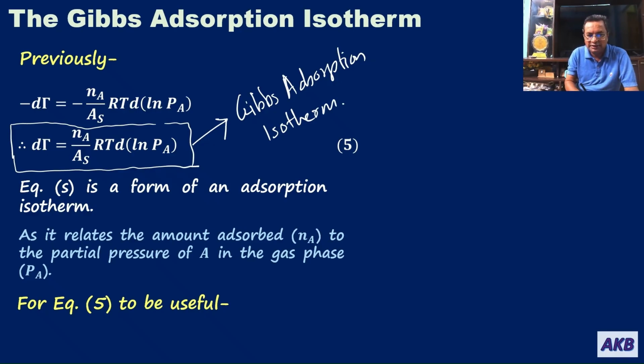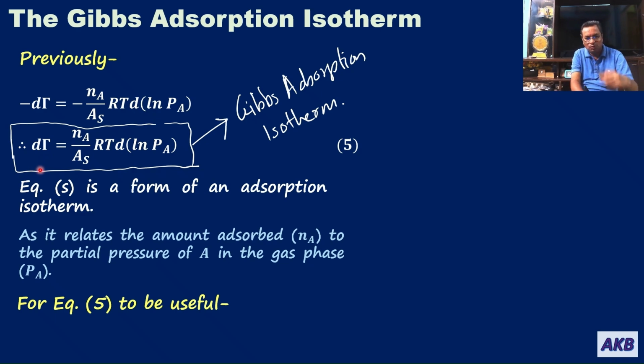Okay, but in this form it is not useful. So we have to put equation number 5, that is the Gibbs adsorption isotherm, in a form that will be useful. And how is that possible? That is possible if you know the equation for d capital gamma.